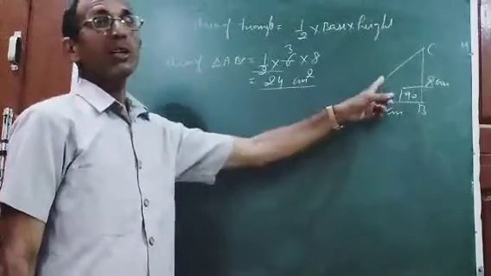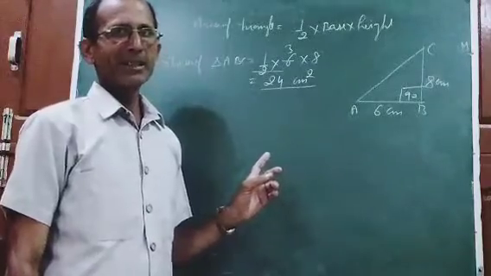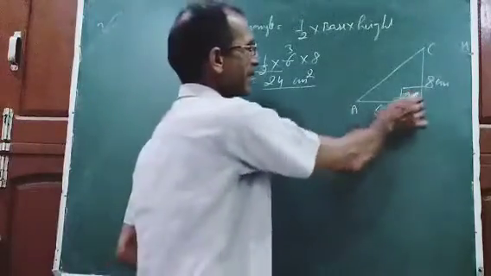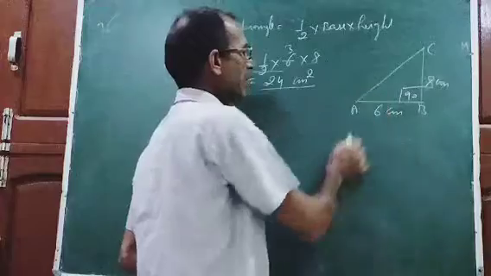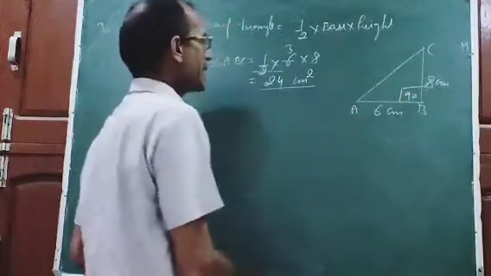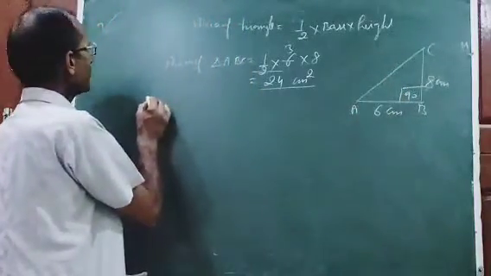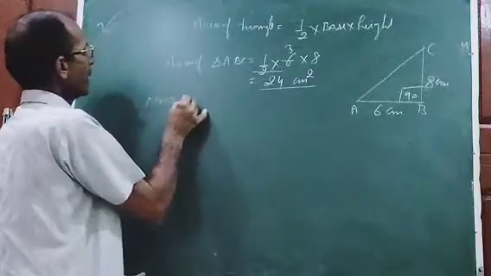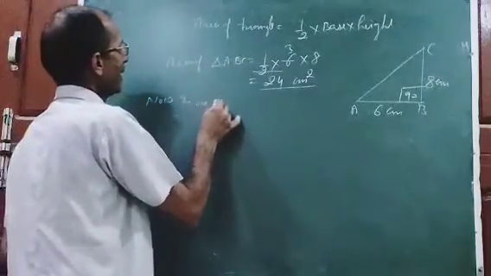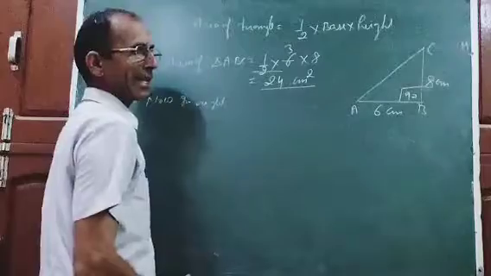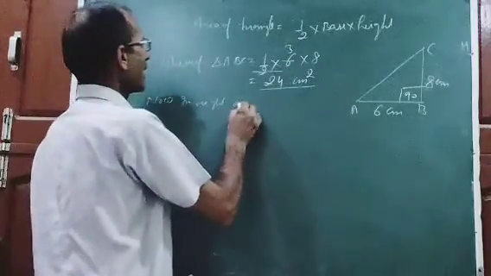Now if we have all the sides, so this base is 6, this is 8. So by using Pythagoras you will find AC. Now in right angle triangle, I am finding the third side also.